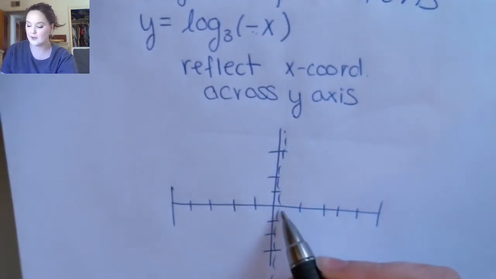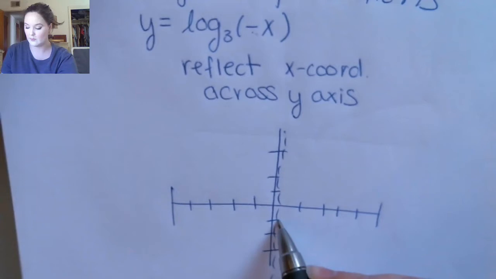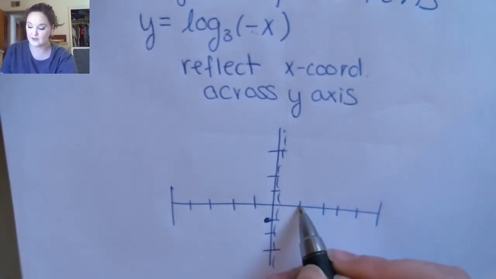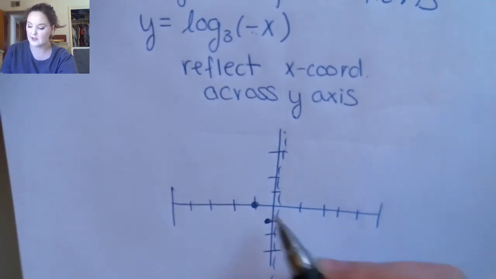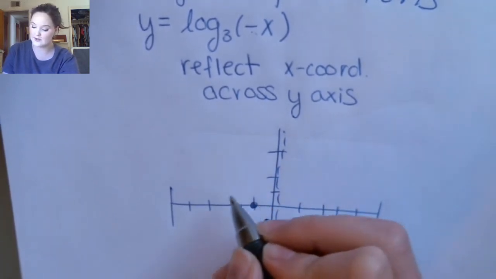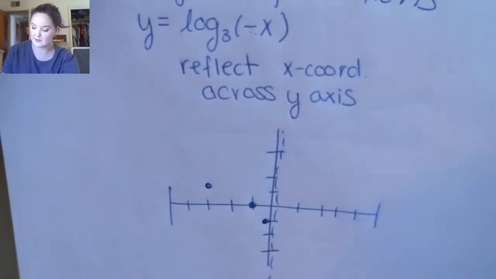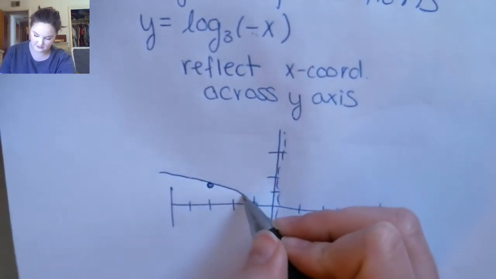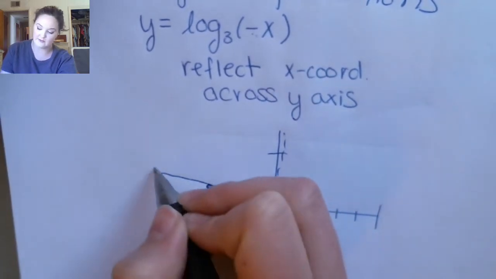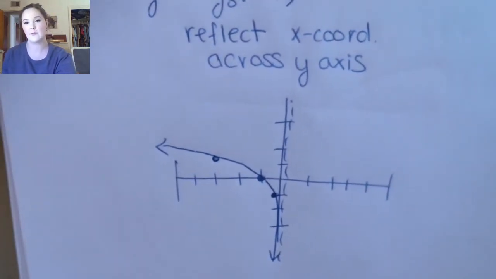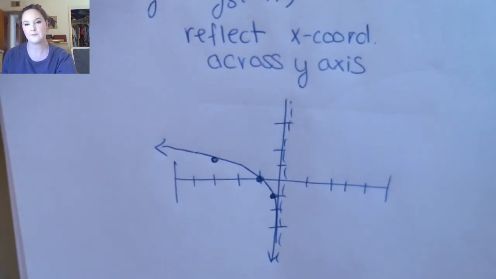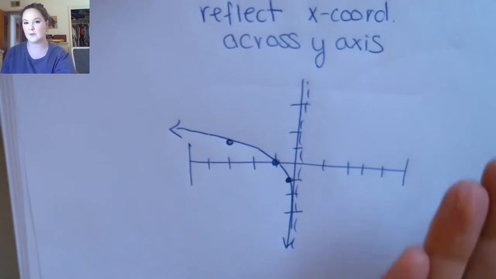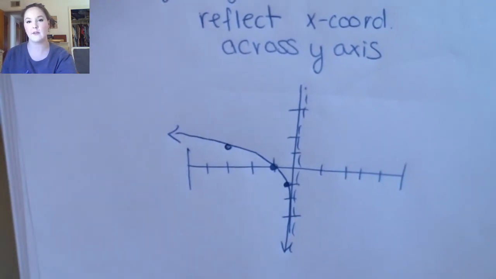Now our point that was at 1/3, -1, we're going to reflect it across. Our point that was at 1, 0 reflects across, and our point that was at 3, 1 is going to reflect across. And then you'll see that the whole shape of this graph is facing backwards. So you can compare that to the original graph and see that it's reflected across that way.